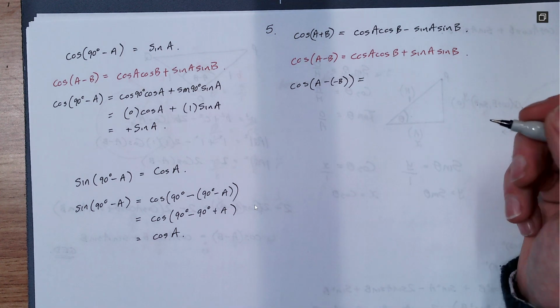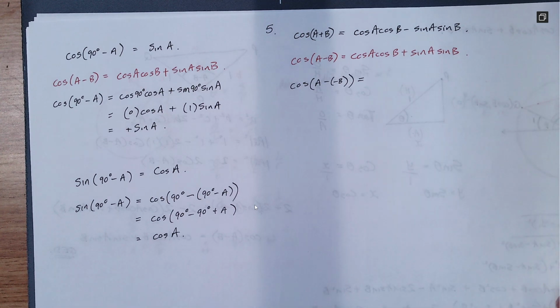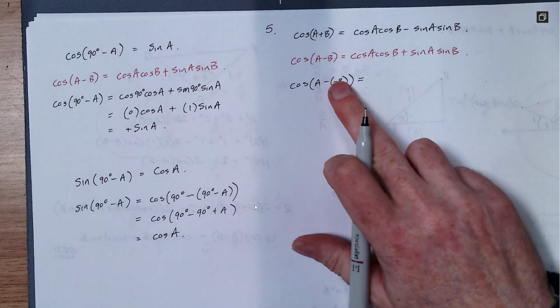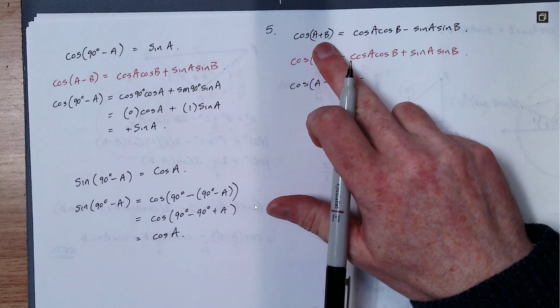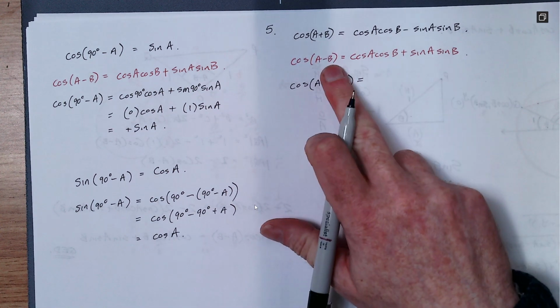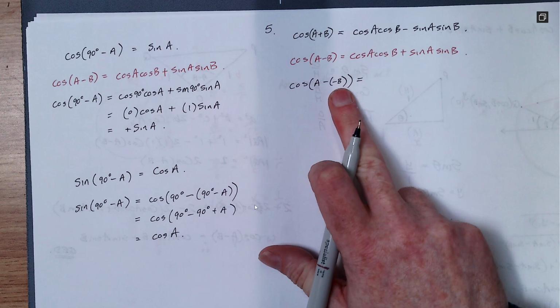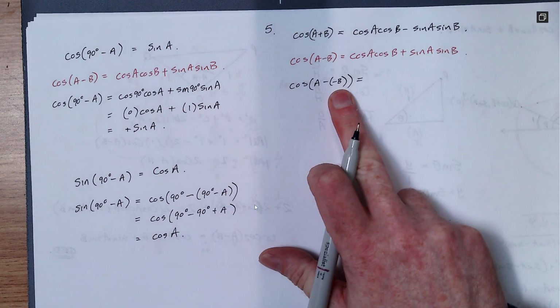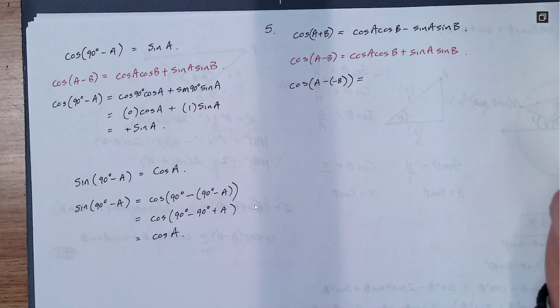Because we get plus. Now, go to the formula: cos A minus B with A and B, and minus B, because minus for minus you make plus.